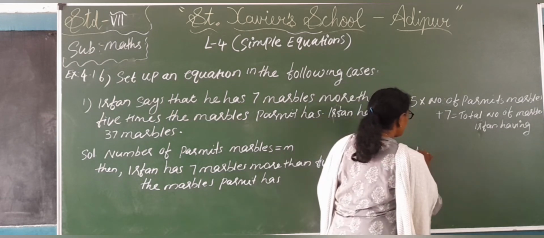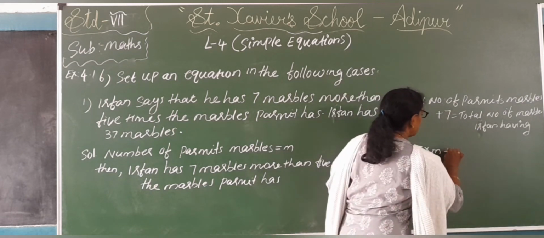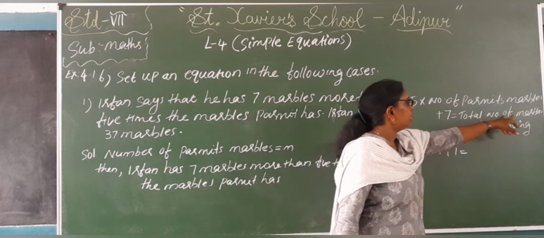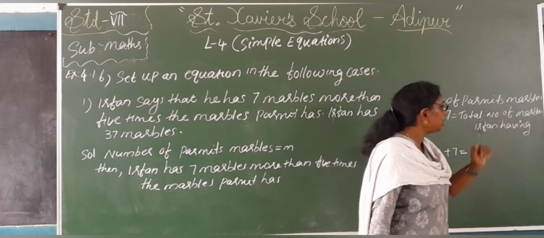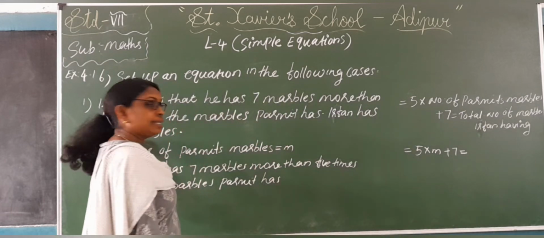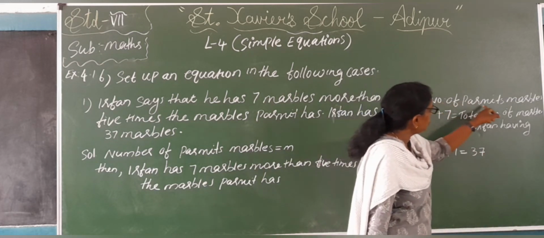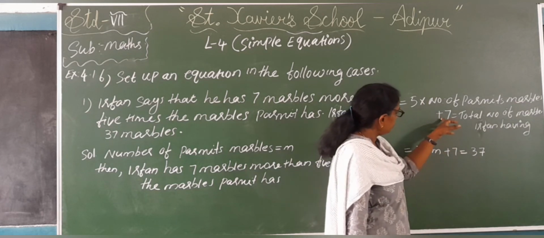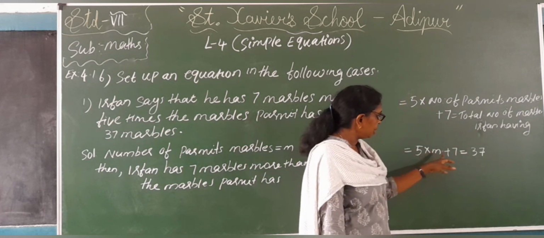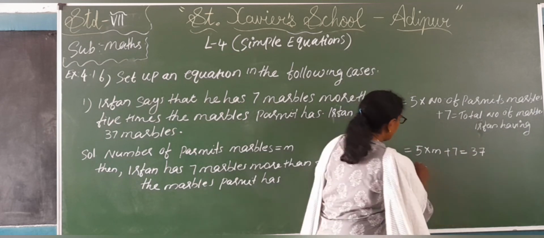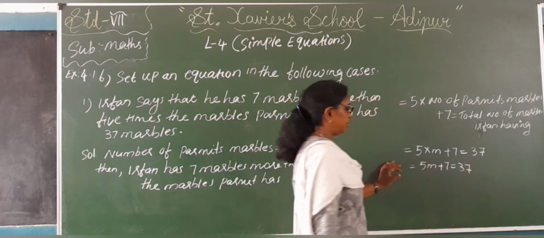The total number of marbles is 37. So 5m plus 7 is equal to 37.